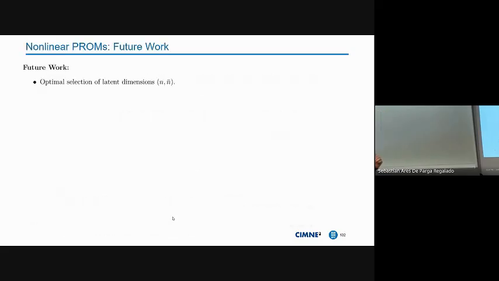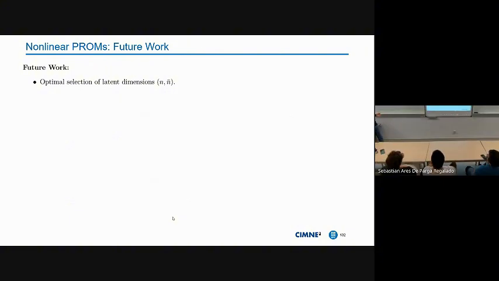As for future work, we need to find an optimal selection of the latent space. This is now done empirically, and we always want to keep the dimension of n as low as possible. Hopefully, it can go as low as the intrinsic dimension of the manifold, which depends on the parameter domain that you have.